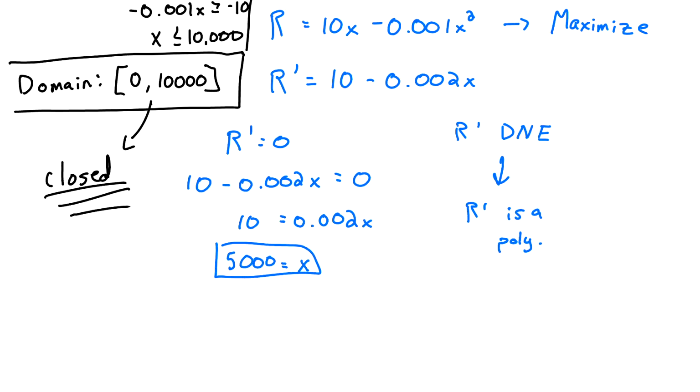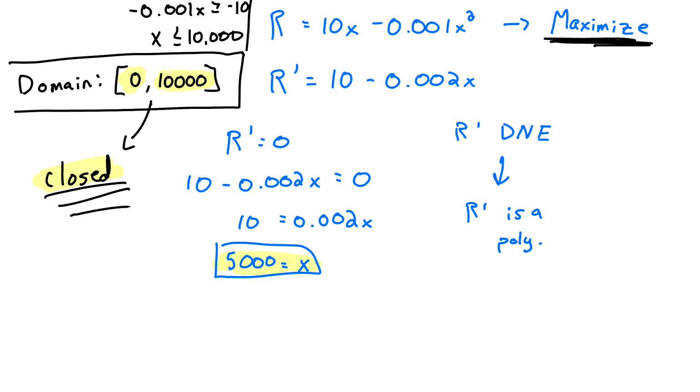So what I'd like to do then is find the absolute maximum of our function on this interval. Because we're working with a closed interval, I know that the absolute maximum can occur in one of two places. It can occur either at this critical number that I found, or at the endpoints, so either 0 or 10,000.